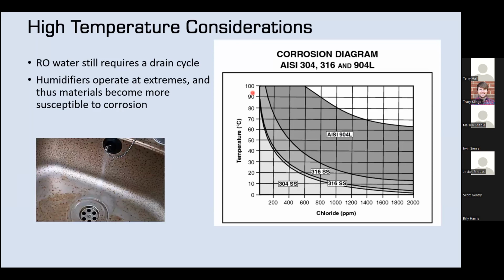And so it's important to still do a drain cycle. We typically say once a day, just drain it out, even on RO, and start with a fresh batch of water, or do like an intermediate blowdown, just to get rid of some of that water over time.